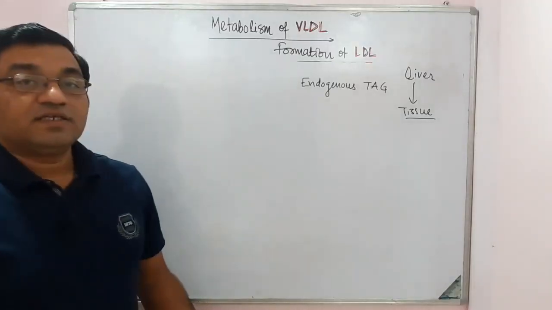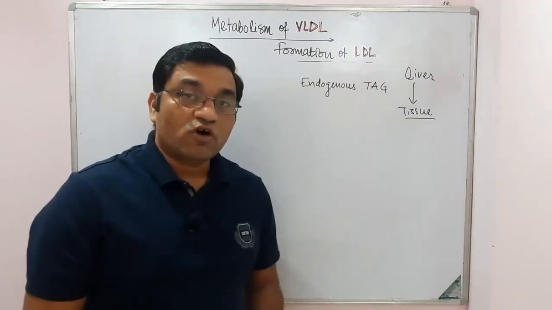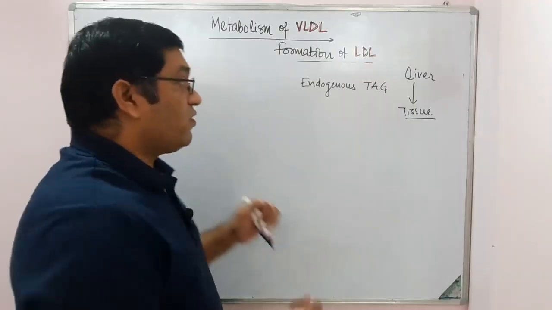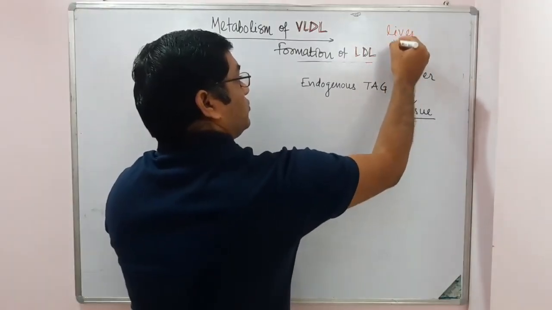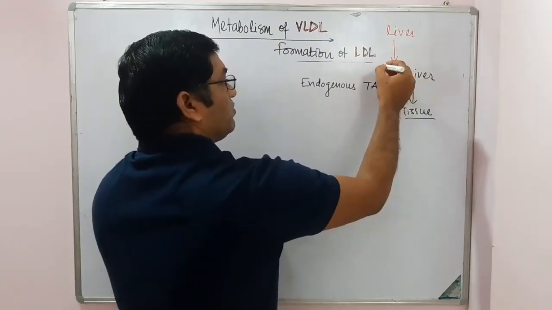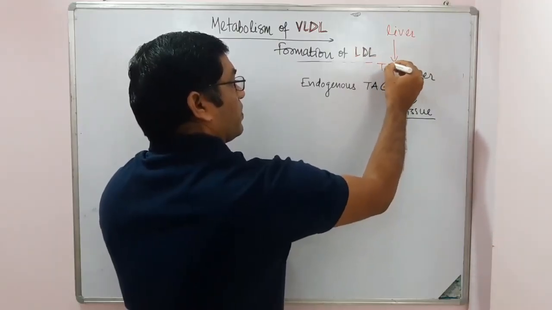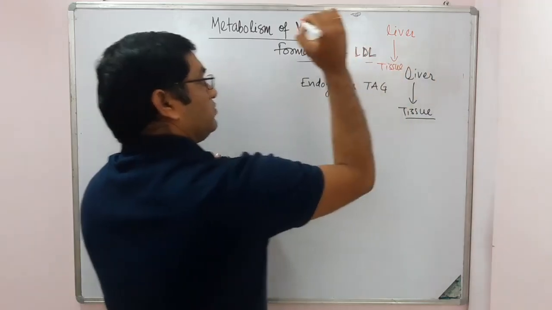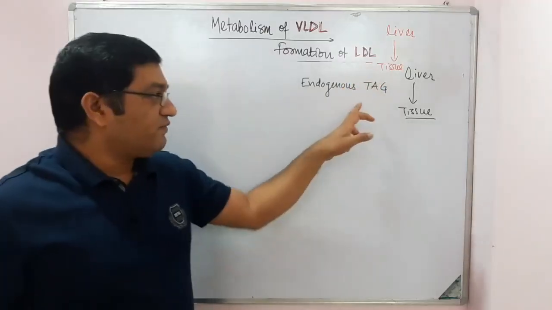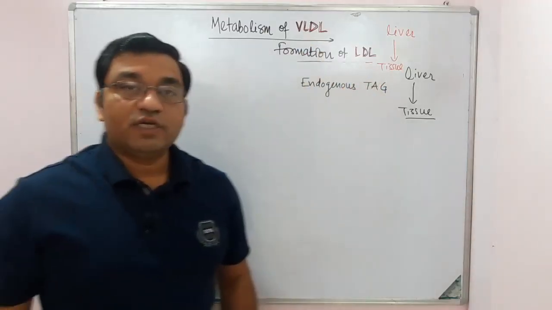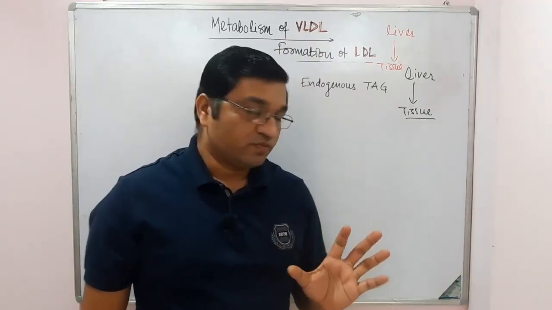And LDL is responsible for transport of cholesterol from the liver to the extrahepatic tissues or peripheral tissues. LDL means low density lipoprotein, and VLDL means very low density lipoprotein.